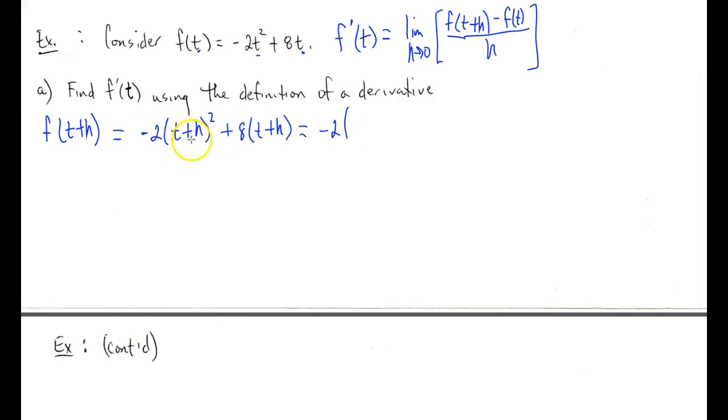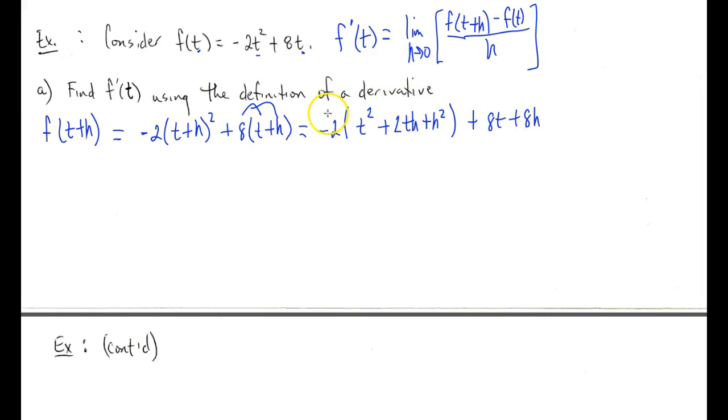And so here we need to FOIL out the t plus h. So that's like t plus h times t plus h. And when we FOIL that out, we get t squared plus 2th plus h squared. And then that'll be plus, now we distribute 8t plus 8h.